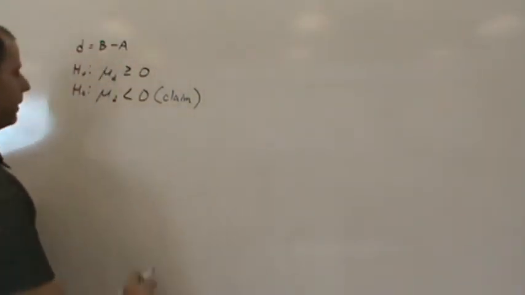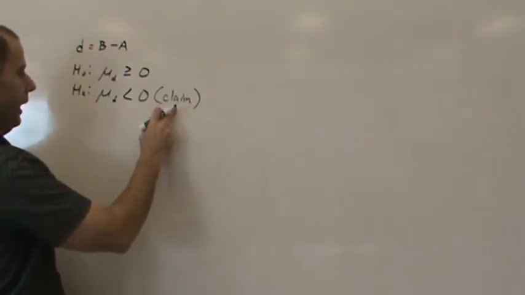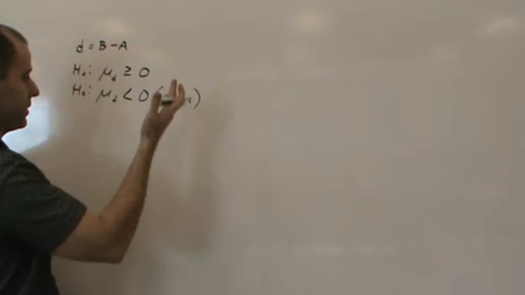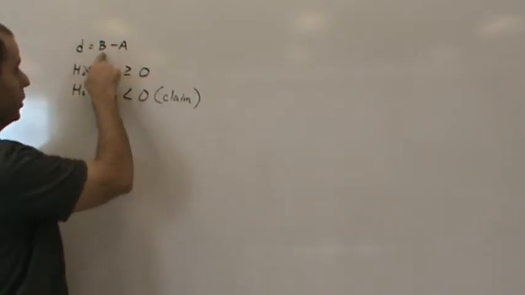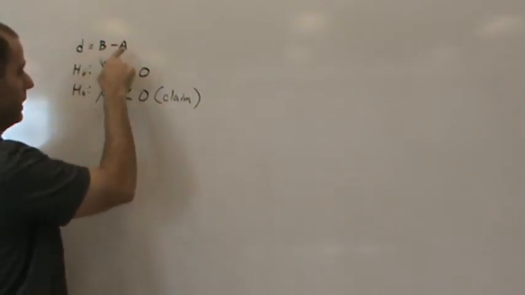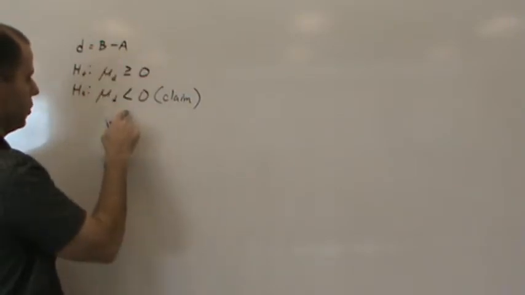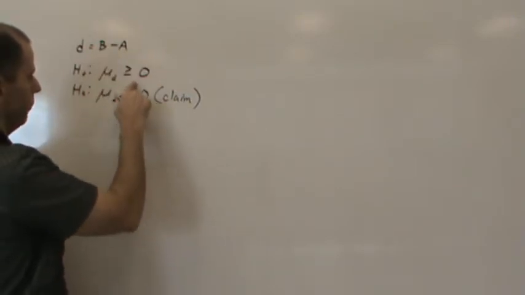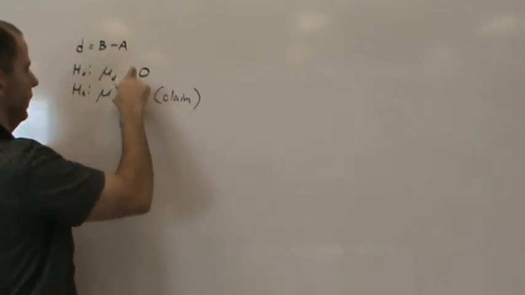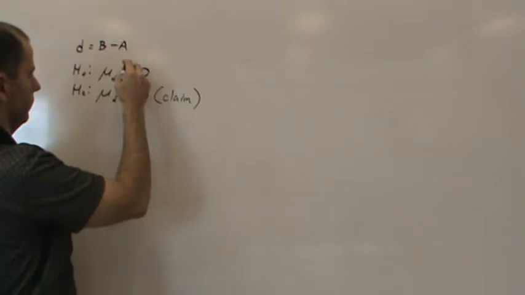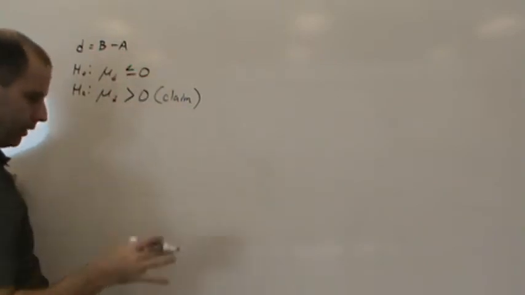So if the claim is true, and hypnotism works, then I would expect that the difference in pain level should go down, which means the higher minus the lower should be positive. So I should have, oh, I hit it right the first time. Greater than 0.